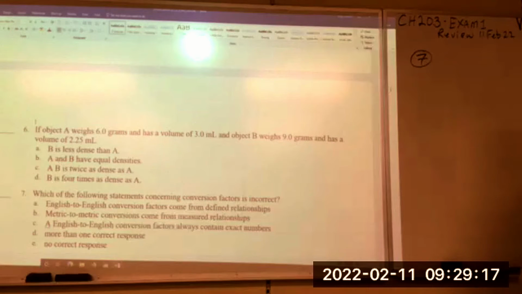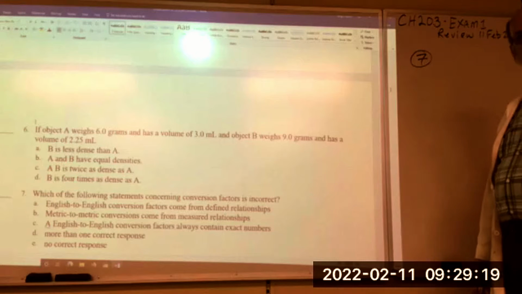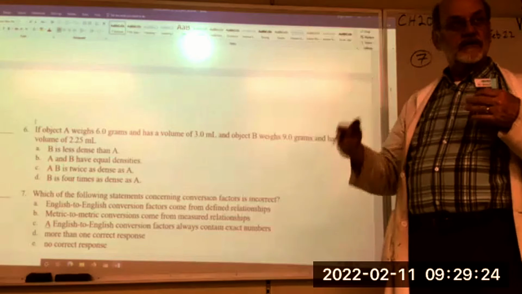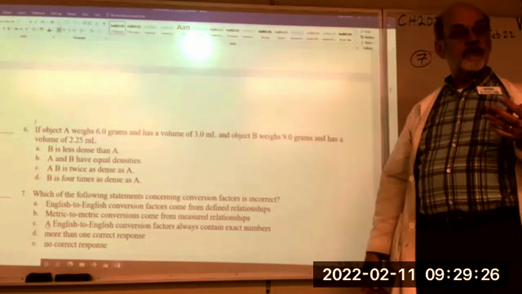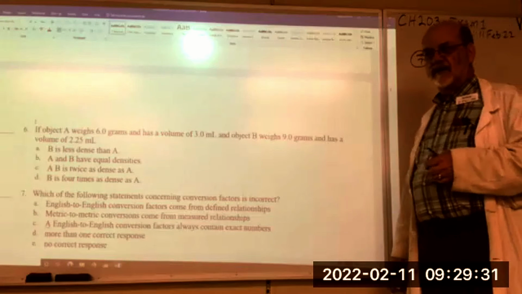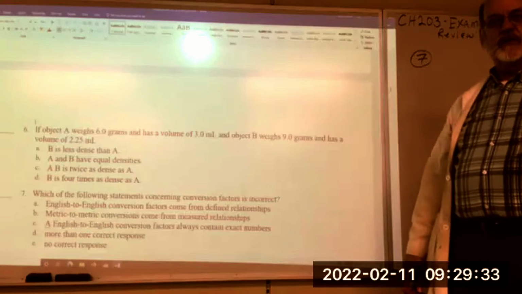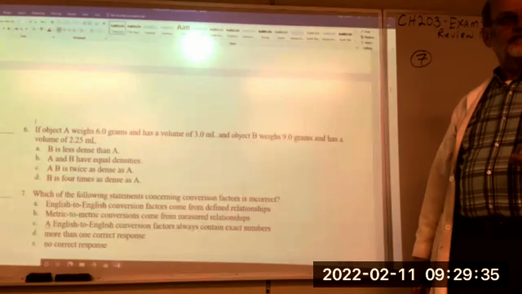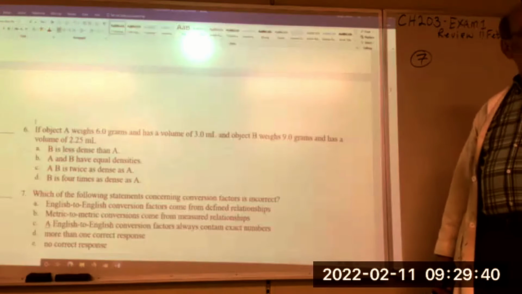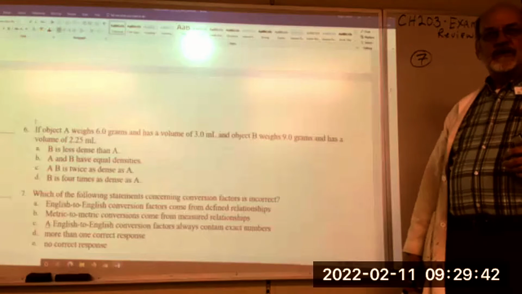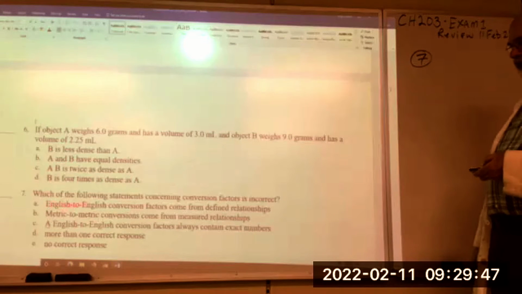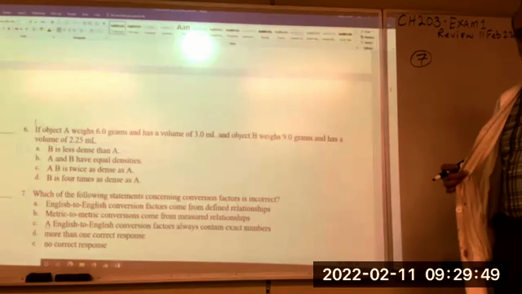The thing about the English system is you just have to know conversions, like 12 inches per foot, or 6 feet a fathom, which they don't use much anymore, or 5,280 feet in a mile, or 3 feet to the yard. You just have to learn those conversion factors. That's the problem with the English system.